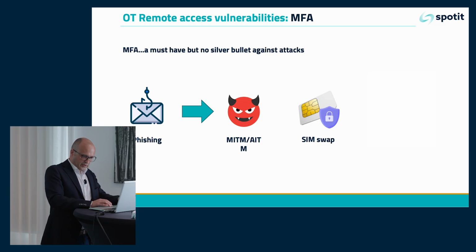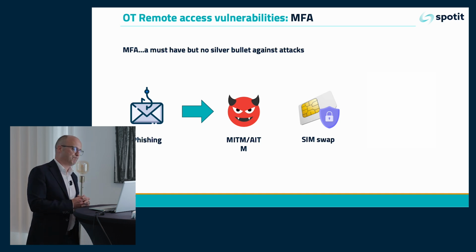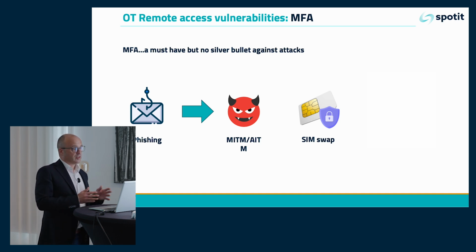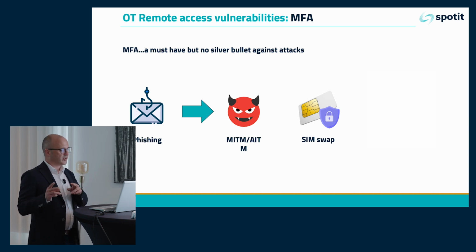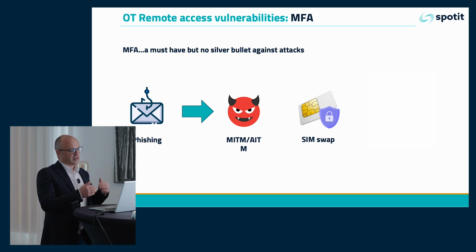SIM swapping is another kind of attack. This technique relies on social engineering skills to trick the victim's phone company into porting his phone number to a different SIM card. That different SIM card is then the SIM card of the hacker. That way, hackers are capable of receiving the legitimate SMS communication, for example, for a two-factor prompt, instead of the legitimate user.